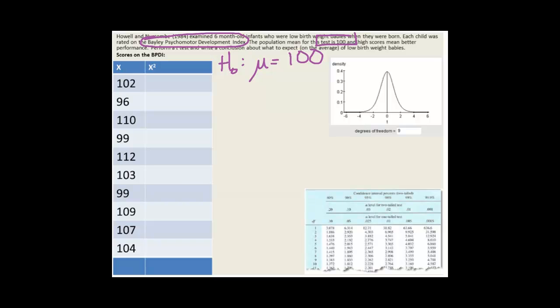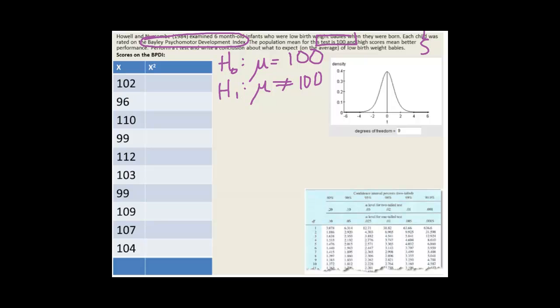And for the alternate, the authors don't really specify what they think the average will be. They say something about high scores meaning better, but they don't actually say they think they're going to perform better. So I'm going to stick to a two-tailed alternate hypothesis, non-directional, where mu is not equal to 100. So those will be the hypotheses we test.